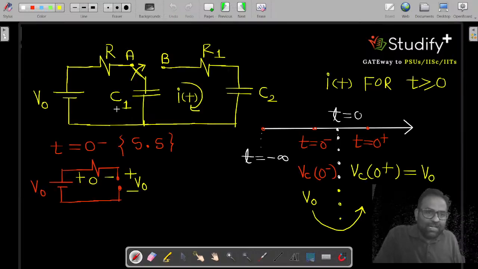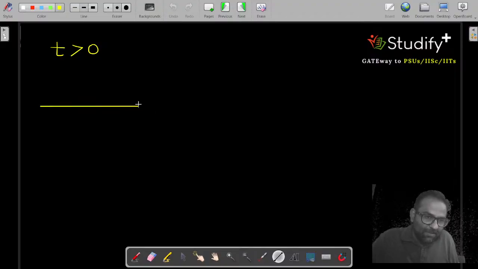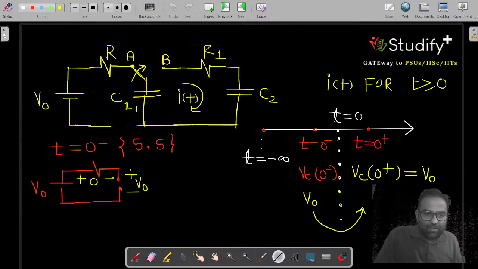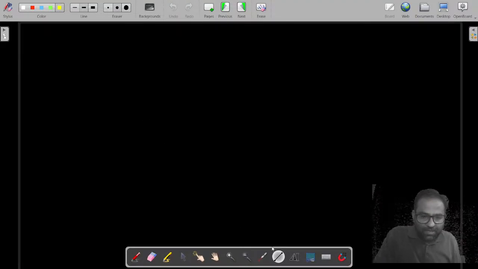So can I say the t greater than 0 circuit will look like this?